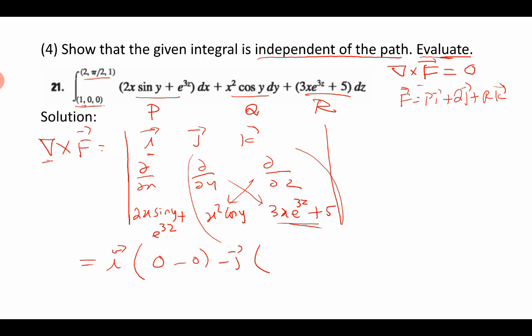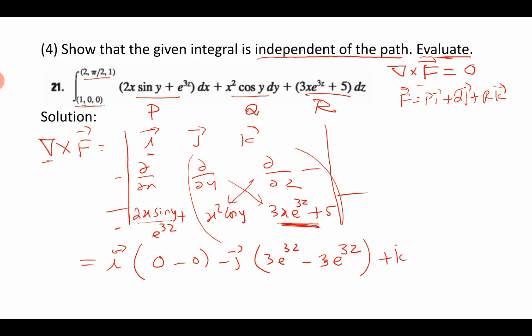Minus j, when you take j, these 2 terms with these 2 terms, dou x of this one, when you differentiate with respect to x, what do you get? 3 times e power 3z plus 0, minus, when you differentiate this one with respect to z, the first term has no z but the second term has, so 3 times e raised to 3z.